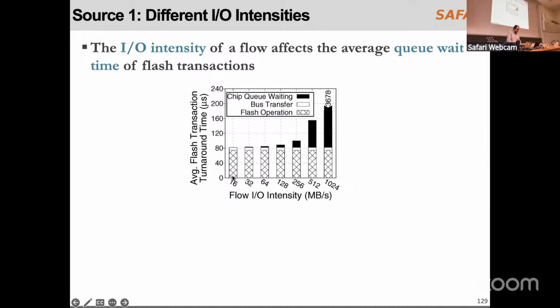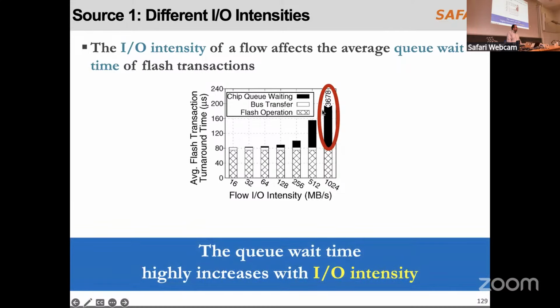There was another flow, which we call an interfering flow, for which we increased the intensity in terms of megabytes per second. You can see that by making this interfering application more intensive, the base application experiences longer latency. So this shows how an interfering application can cause longer latency for the base application.